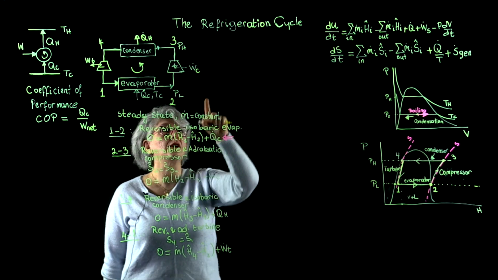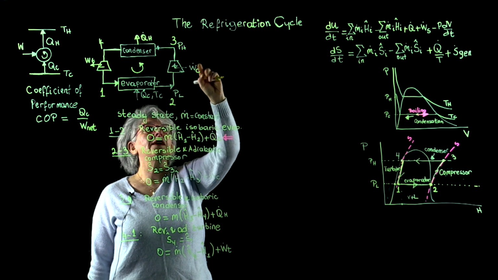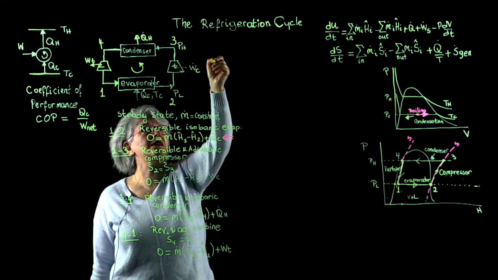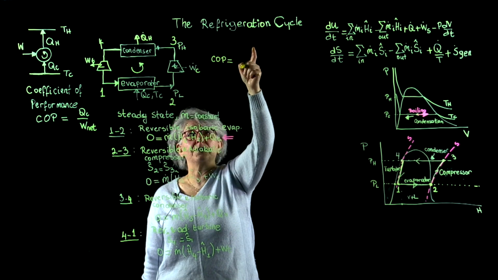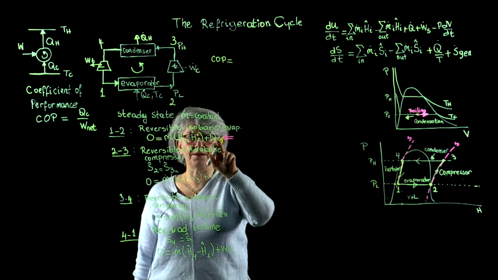So the coefficient of performance of a Rankine refrigeration cycle is Q sub C. What is Q sub C?